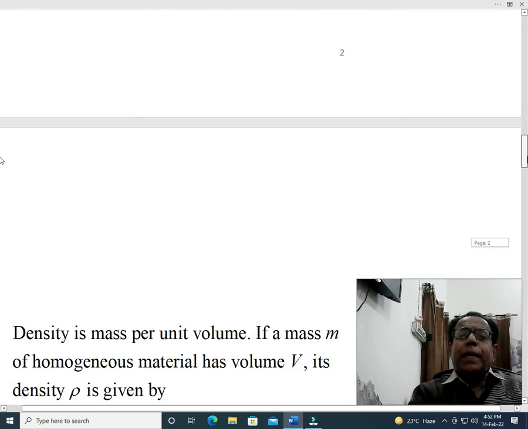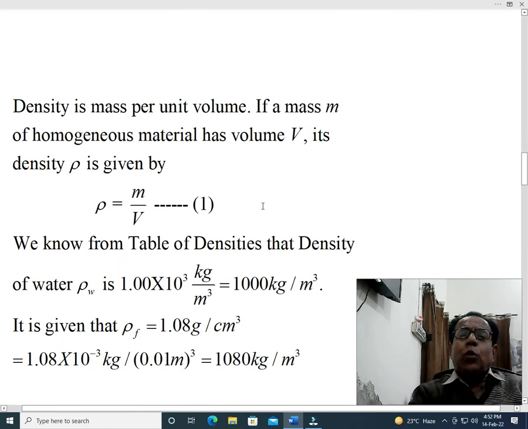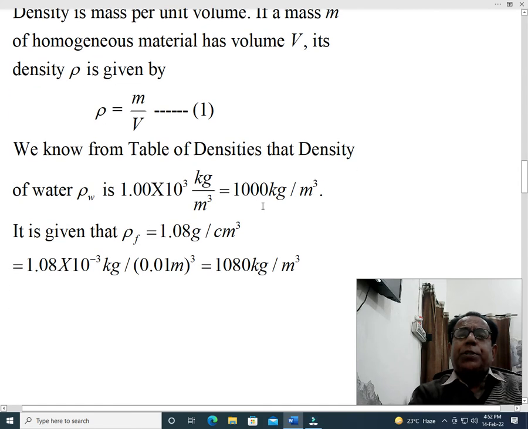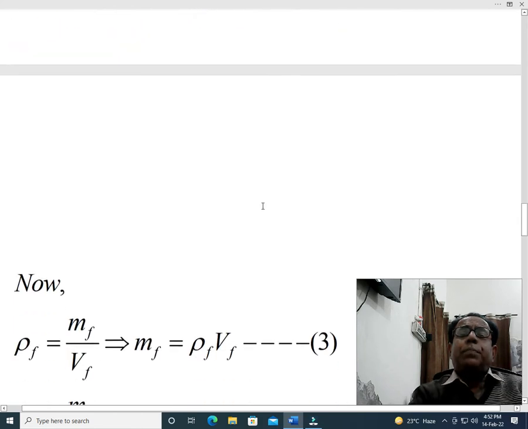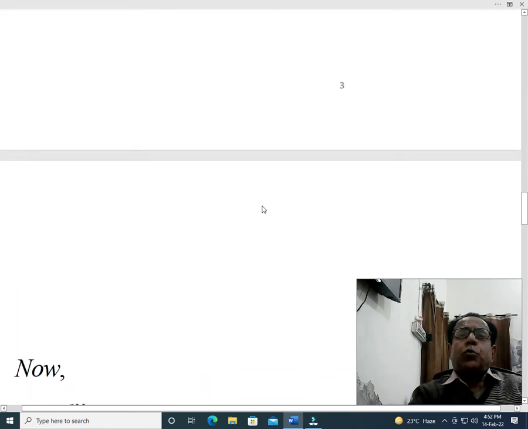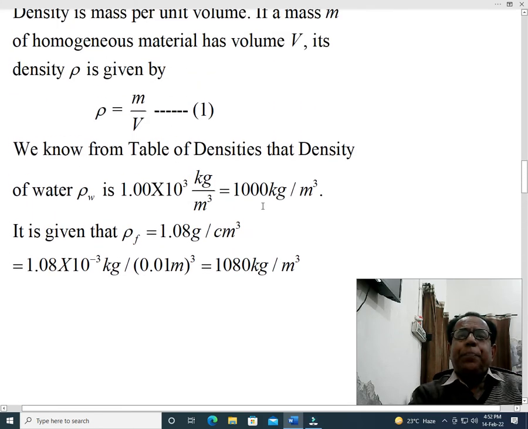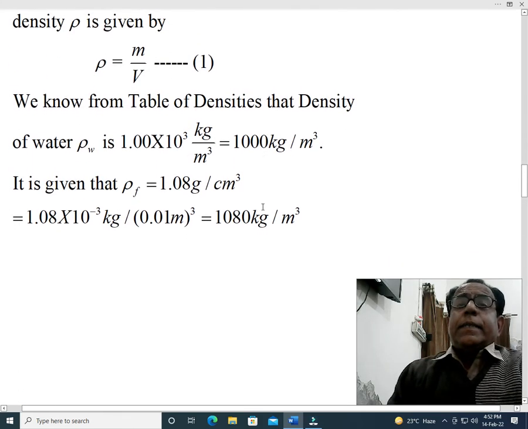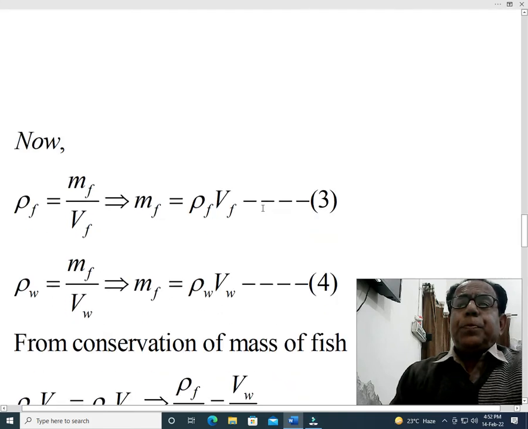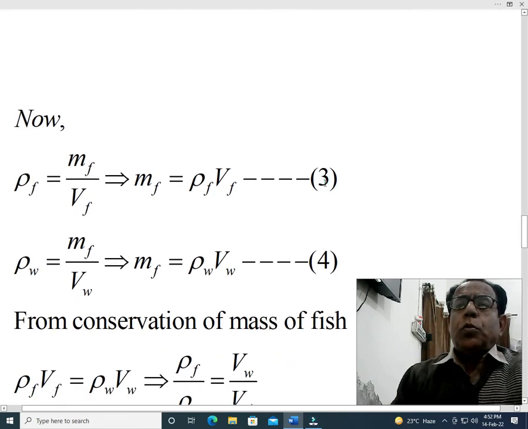Equation number 1. In accordance with equation number 1, we have developed equation number 2 and equation number 3. Sorry, there is a mistake. This is equation number 2.